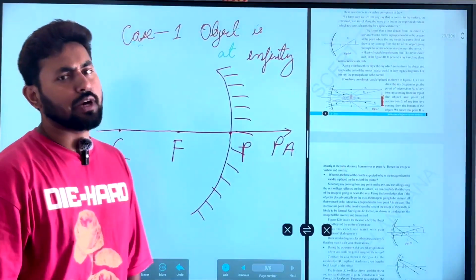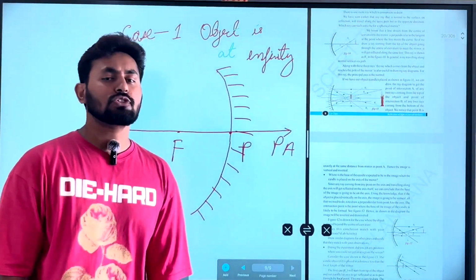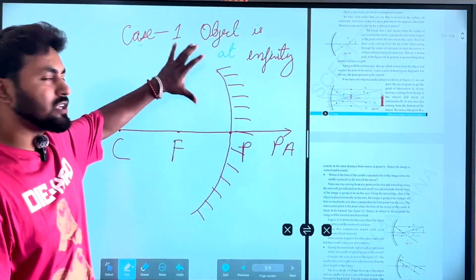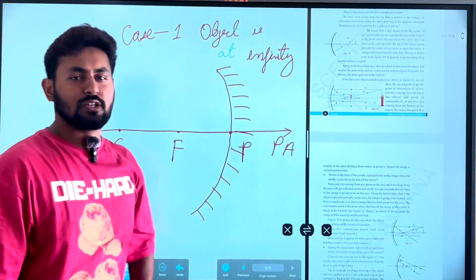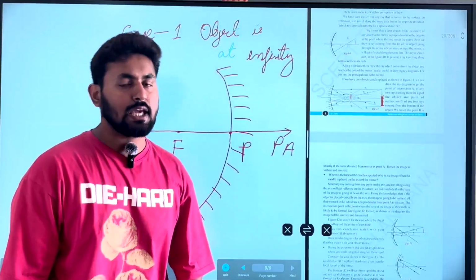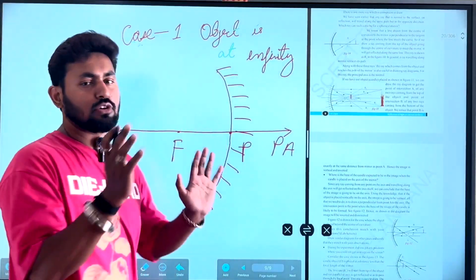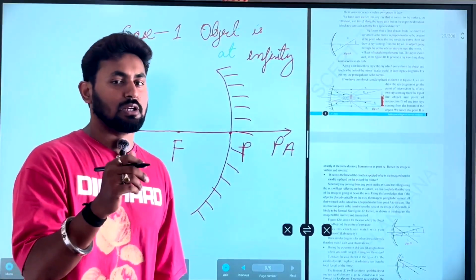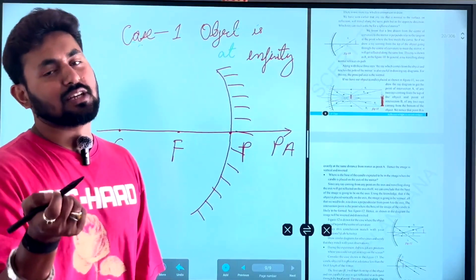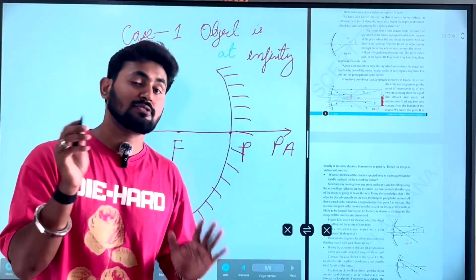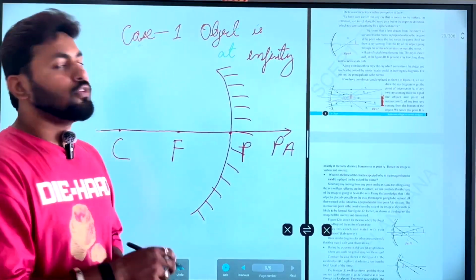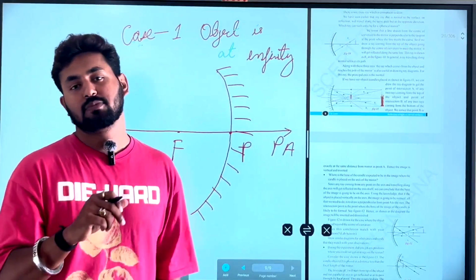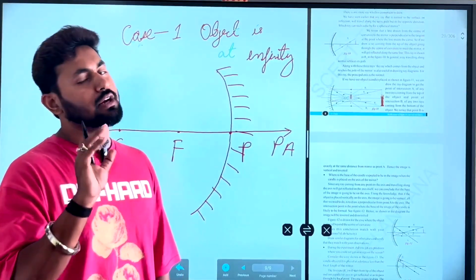Now, before we go ahead and draw the ray diagrams, I request you all that while drawing this concave mirror, please use a compass, take the center, and take the radius of the compass as, let's say, 6 centimeters. Why am I requesting you to take 6 centimeters? So that you will get the diagram perfectly when you draw it by hand.